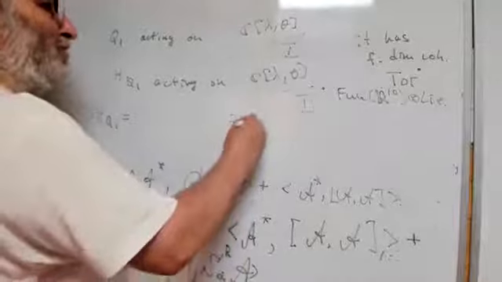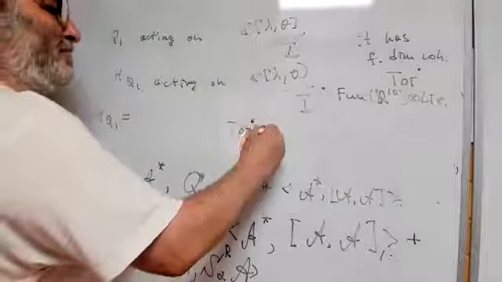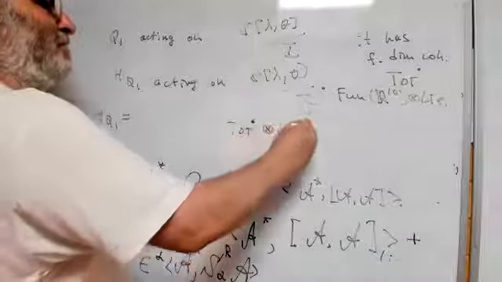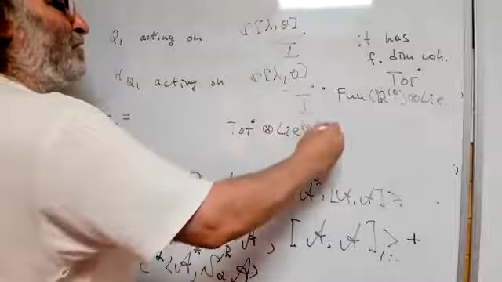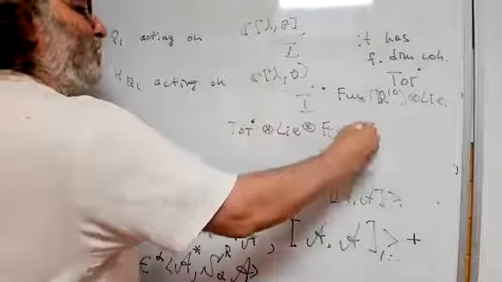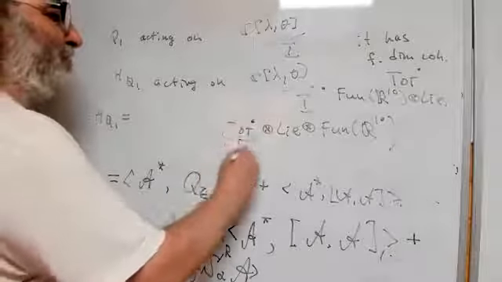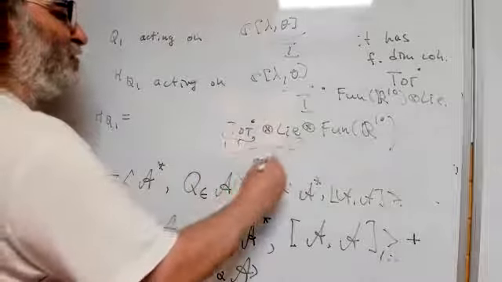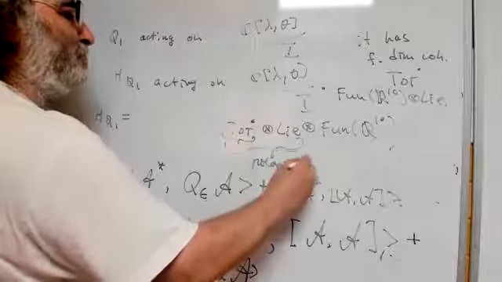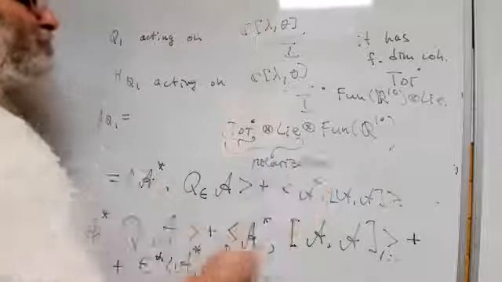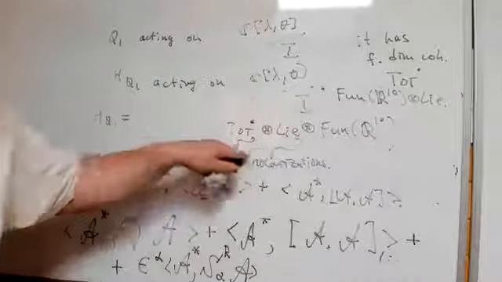It is Tor star times Li times functions on R10. Okay? So I may call this, or these, polarizations, because cohomologies are fields with values in this finite dimensional space.